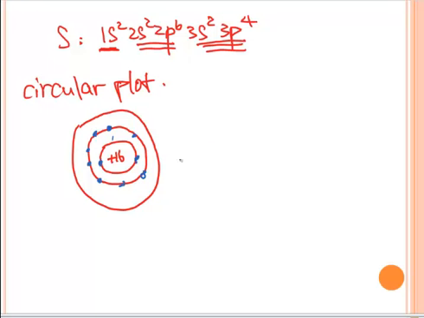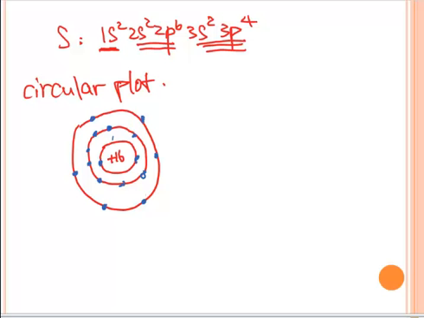For the third principal energy level, we have 2 plus 4, we should have 6. 2, 3, 4, 5, 6. So this is a circular plot. You're indicating the charge on the nucleus and also the principal energy levels, and each one of them will have a different number of electrons.